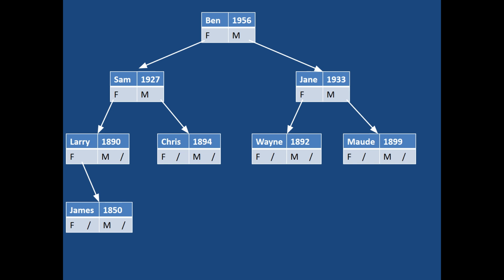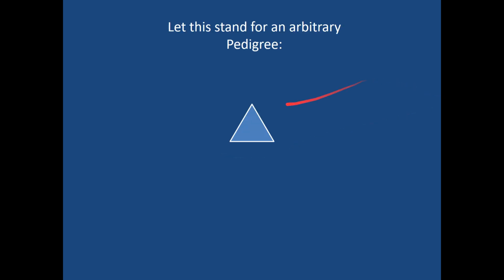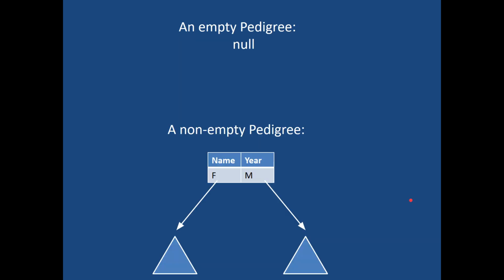I'm going to let a triangle stand for an arbitrary pedigree tree. So there are going to be two kinds of trees now. There's the empty pedigree, which I'm going to describe as null, and a non-empty pedigree tree, which I'm going to describe with this picture. In other words, a name, a year, a father tree, and a mother tree. I'm not going to show you the structure of the simpler trees.